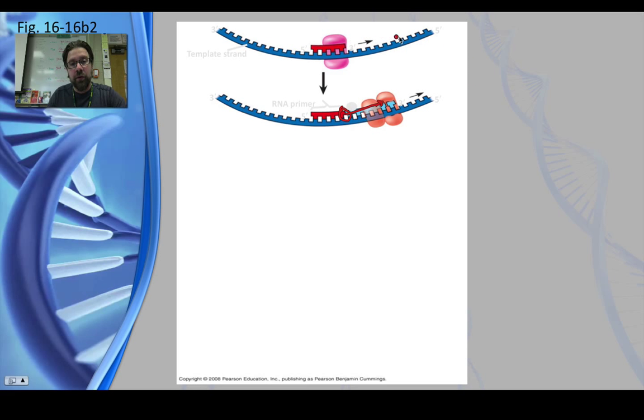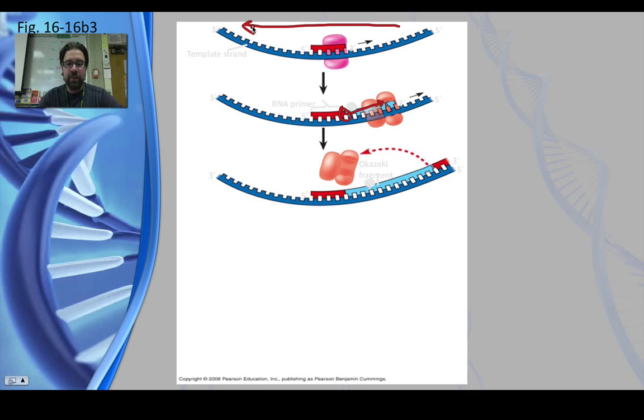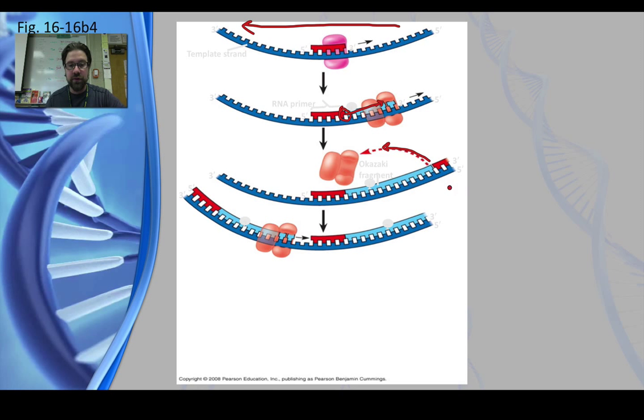Because one thing I'll throw in here is that this particular copying process, believe it or not, overall is going to the left. So let's see what happens here in the next couple of steps. It reaches another primer on the DNA strand, and that's its signal to release. It's going to release, and keep going to the left until it finds a new 3' end, which it finds here.